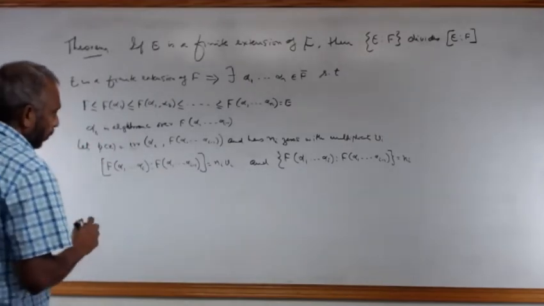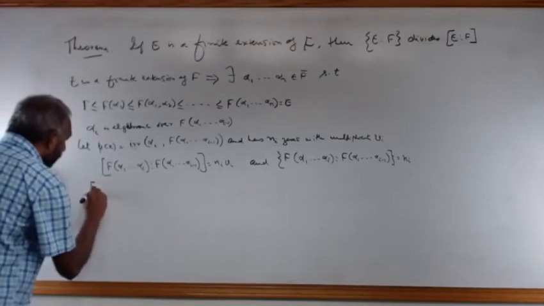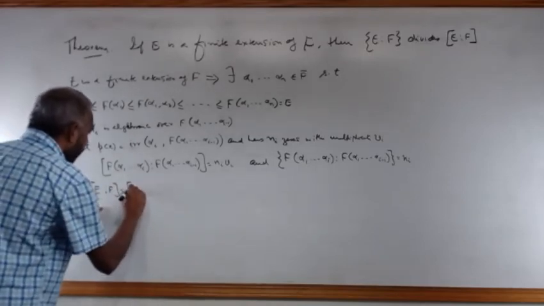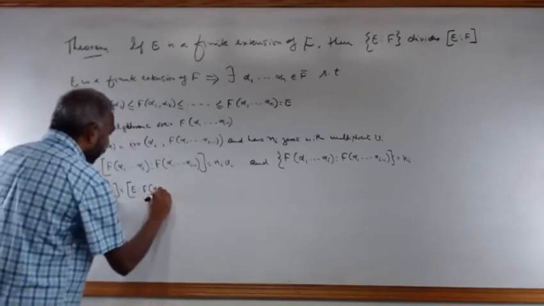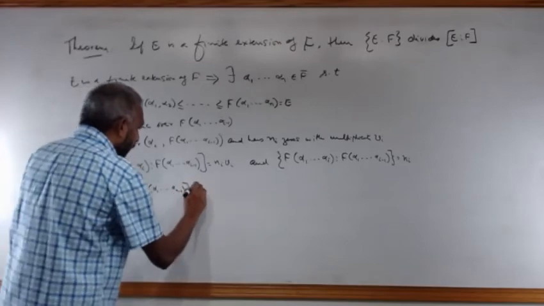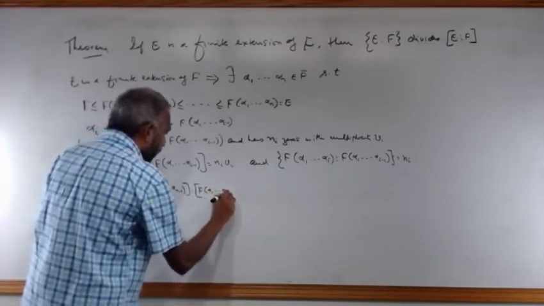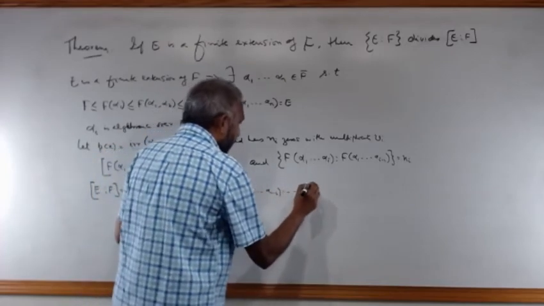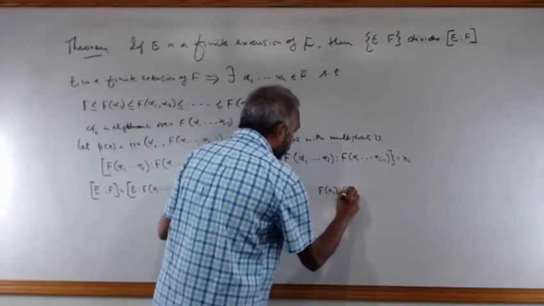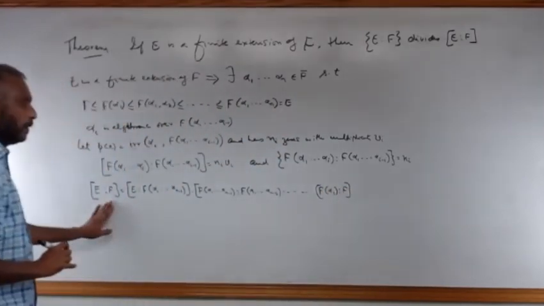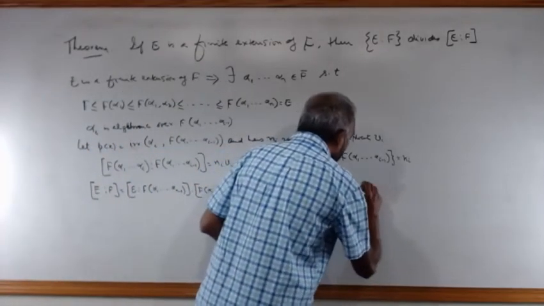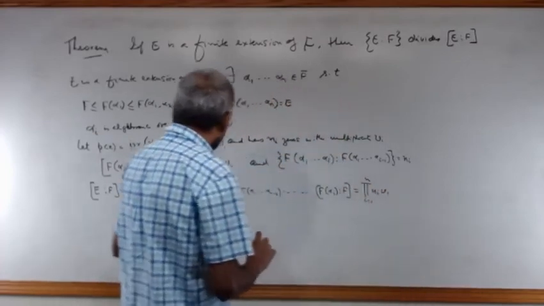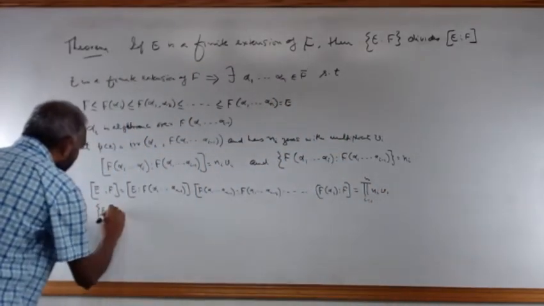So now we apply that rule. We have the degree of E over F equal to the degree of E over F(alpha 1, ..., alpha n minus 1) times the degree of F(alpha 1, ..., alpha n minus 1) over F(alpha 1, ..., alpha n minus 2), and so on, up to the degree of F(alpha 1) over F. And that is equal to the product of n_i v_i, i from 1 to n. And what about the index?